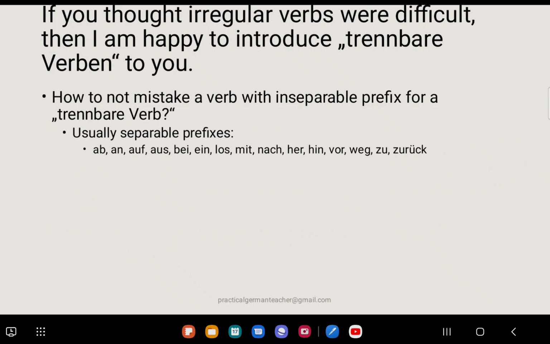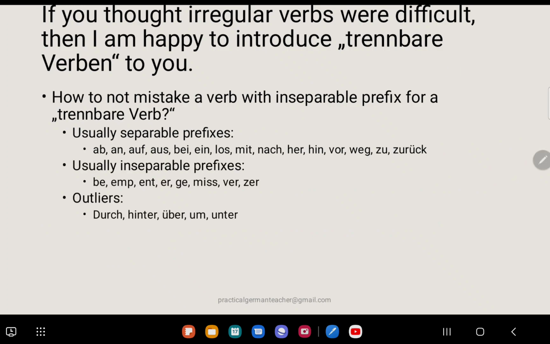But if you just look at it on a piece of paper or on your phone, how do you do that? There are some tricks. The first trick is, whenever you see a verb with a prefix from this list: ab, an, auf, aus, bei, ein, los, mit, nach, her, hin, vor, weg, zu, zurück, you can take a calculated guess and you will be right most of the time that it is a trennbare verb.